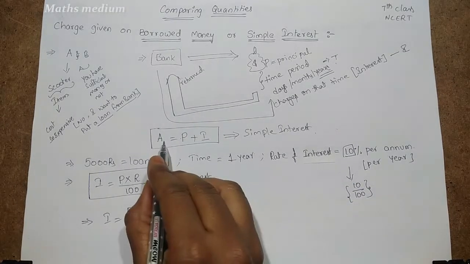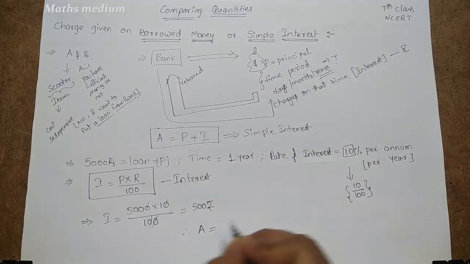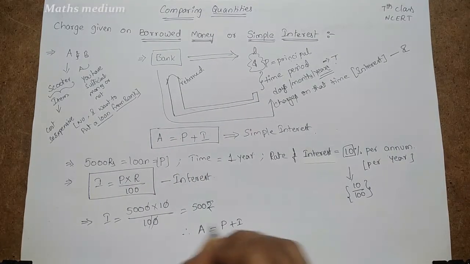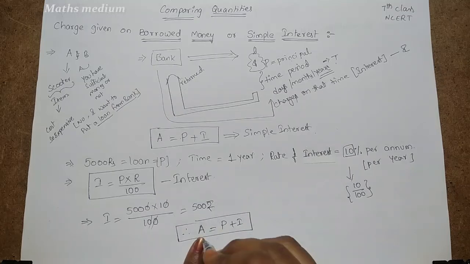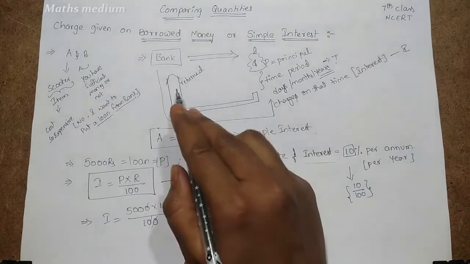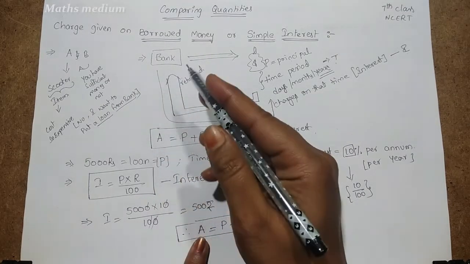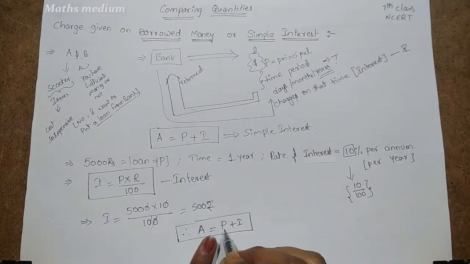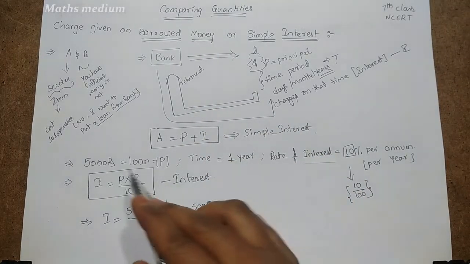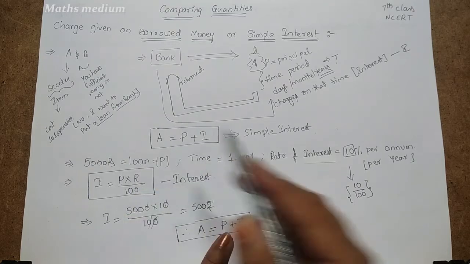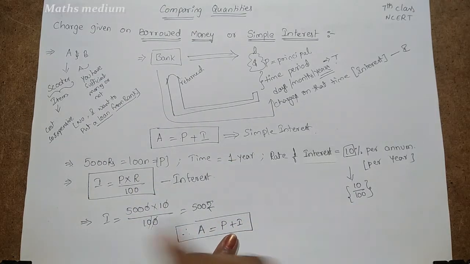Therefore, how are we going to add? Amount is equal to P plus I. If we have to pay the total amount to the bank, that is the returned amount A, it is P plus I. P is the loan taken from the bank, and I is the interest we calculated.